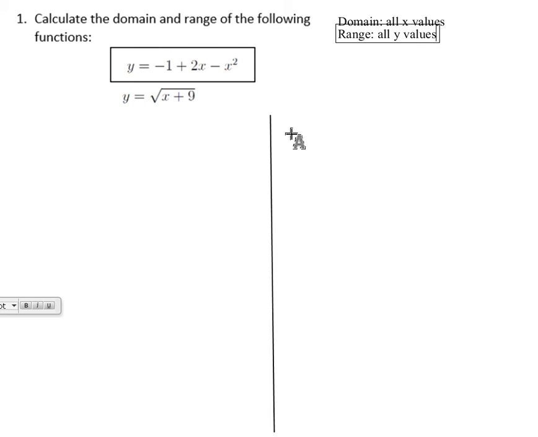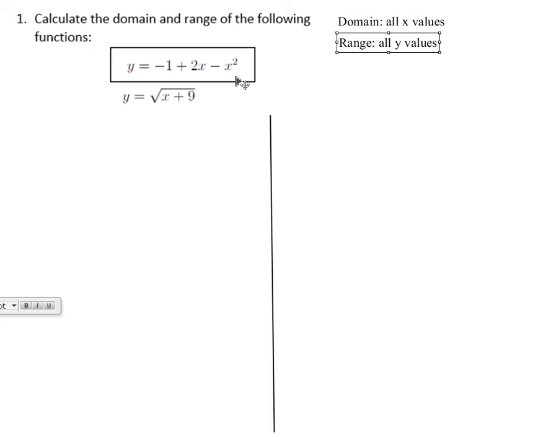So we've got to work out what x values could we potentially plug into this polynomial. Are there any x values that we could not plug into this polynomial and get a real number? And then once we've done that, are there any y values that we cannot get?